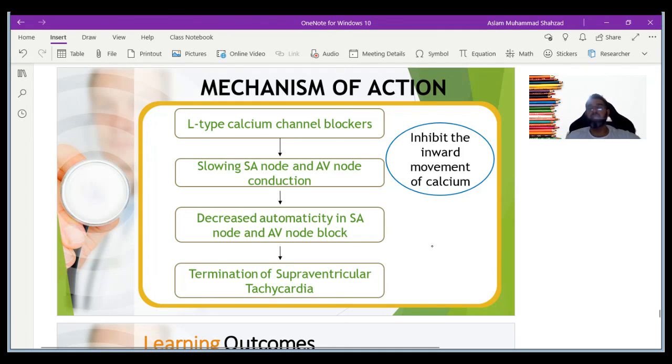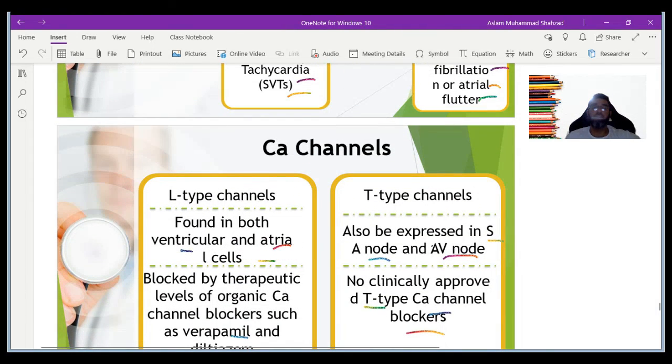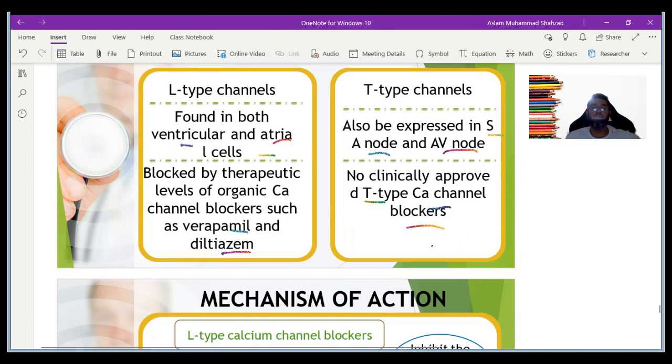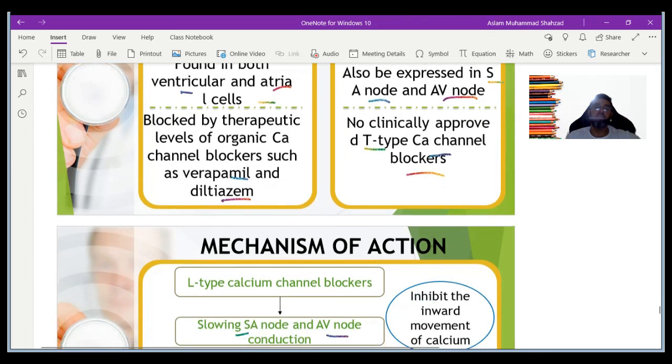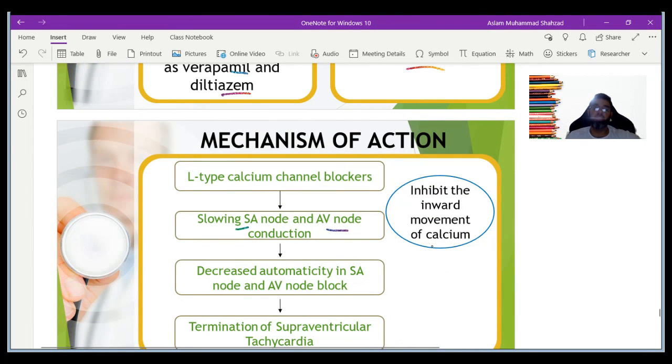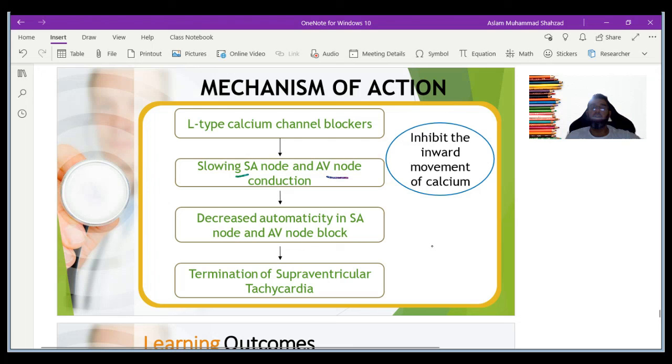As for the mechanism of action, L-type calcium channel blockers slow down sinoatrial node and atrioventricular conduction and decrease automaticity in the sinoatrial node, and AV node block is responsible for termination of supraventricular tachycardia.